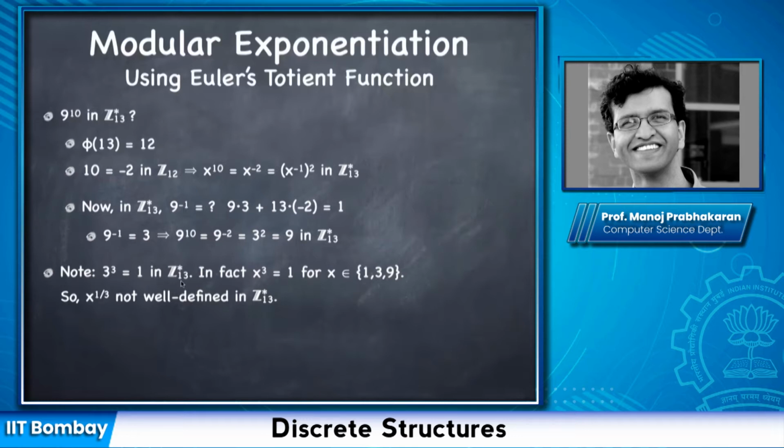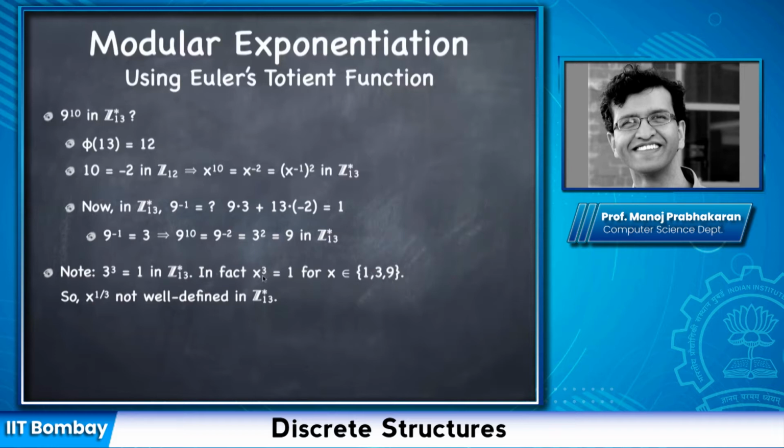Now, we also know that 1 cubed is 1, right? So if I were to ask you the cube root of 1, it could be 1, it could be 3, or it could even be another possibility. These are the only 3 cube roots of 1, as we shall see later in this video.